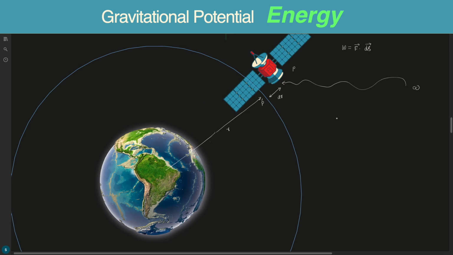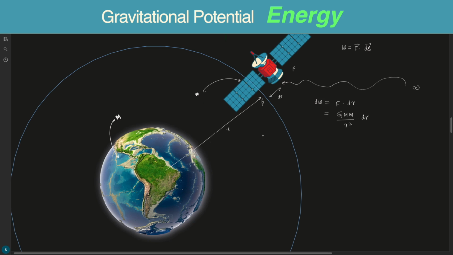Now I want to find the work done. dW, the small amount of work to displace the satellite from P to P dash, is equal to force into displacement. The force is G capital M small m by r square, into dr. Here the mass of the earth is capital M, the mass of the satellite is small m, and the distance is r.